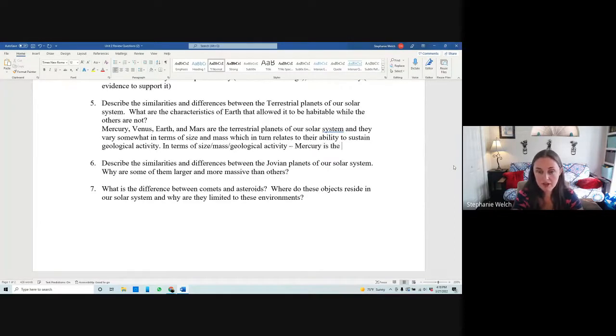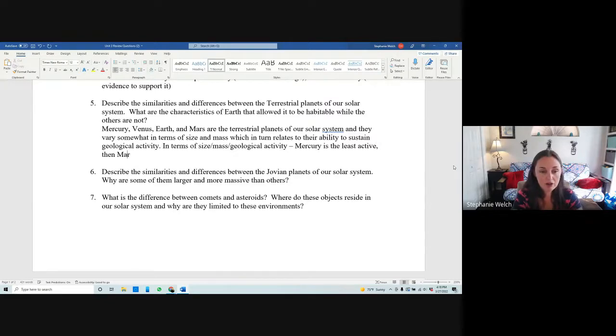Mercury is the least active, also the smallest and least massive, and then Mars, which shows pretty decent evidence of geological activity at some point in the past, but currently isn't really maintaining that geological activity. So there are no active volcanoes on Mars.